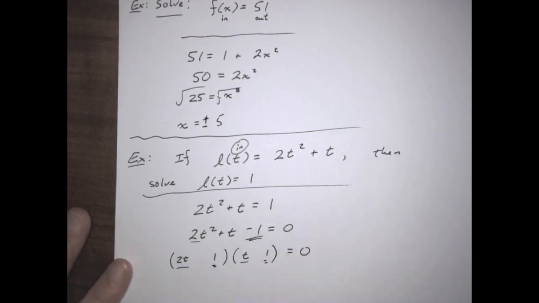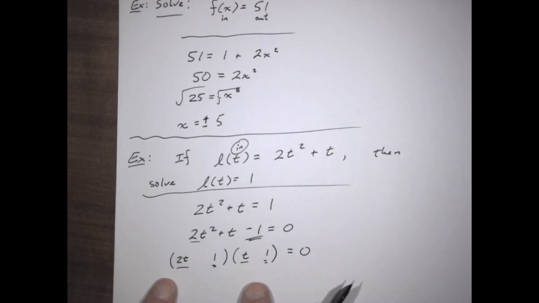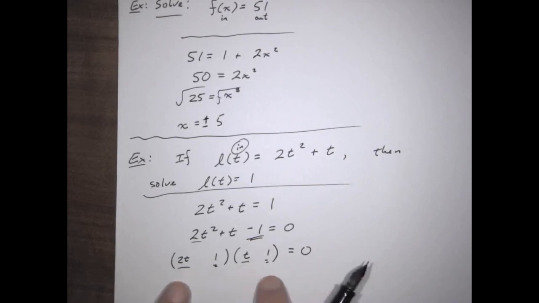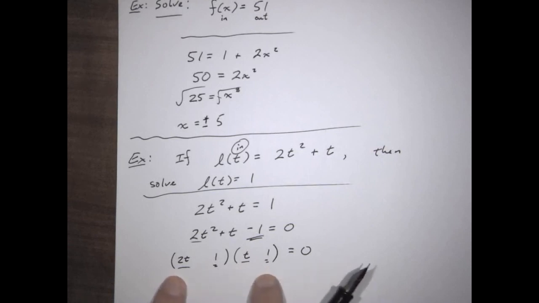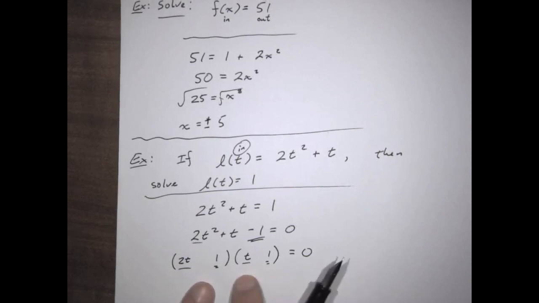Now what we need to happen is when we multiply this times this, this times this, this times this, and this times this, and add them all up, we should get the original thing. So the important thing here is we need this times this, and this times this to come out equaling t. Well, we have 2t, and then our choice, so it could be either 2t or negative 2t, and then it's either plus or minus t.